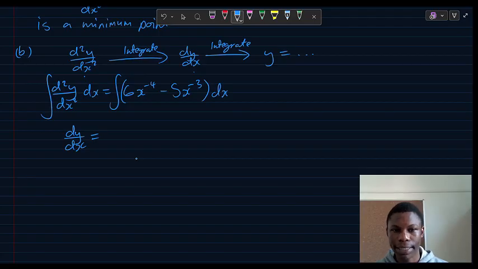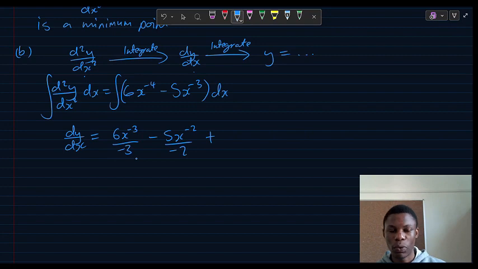If you integrate the second derivative with respect to x, you get dy dx. If you integrate 6x to the minus 4, you're going to add 1 to the power. So negative 4 plus 1, that's negative 3. Divide by the new power. Minus 5x, add 1 to negative 3, so negative 3 plus 1, that's negative 2. Divide.